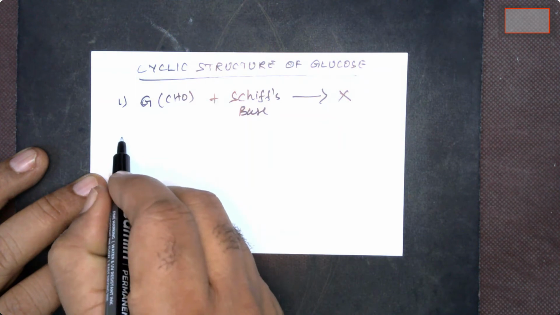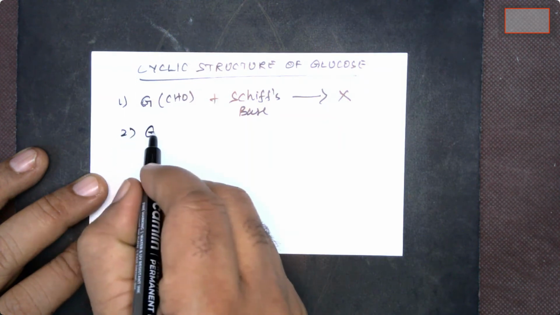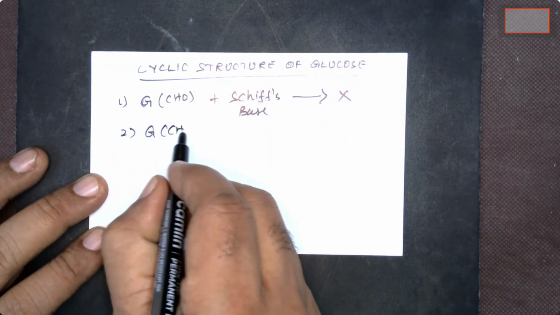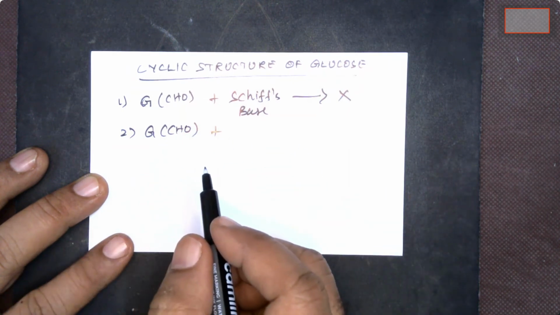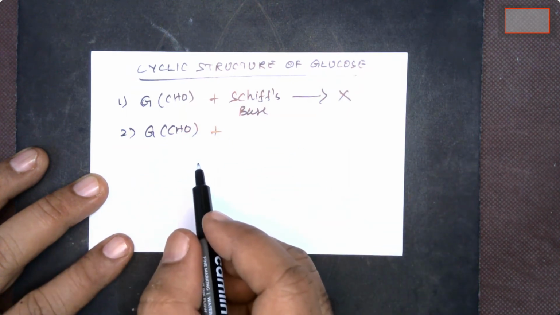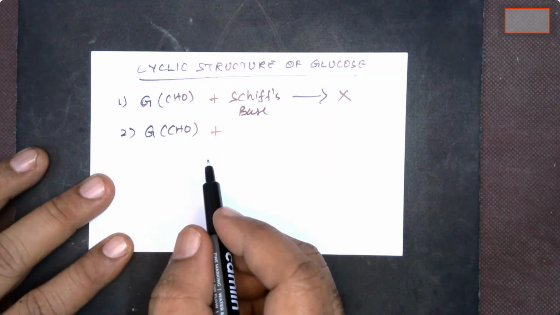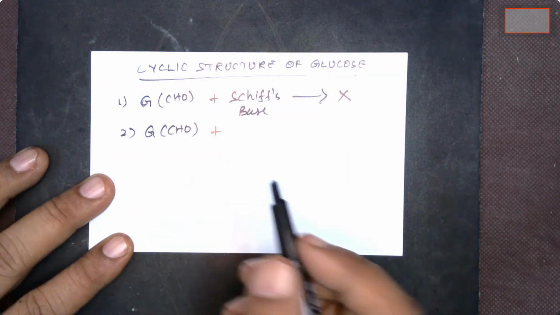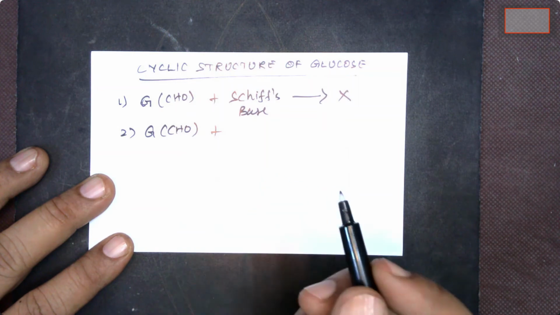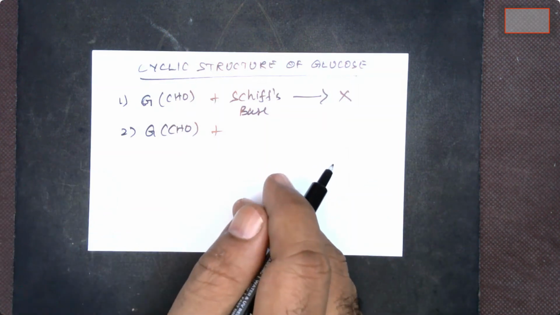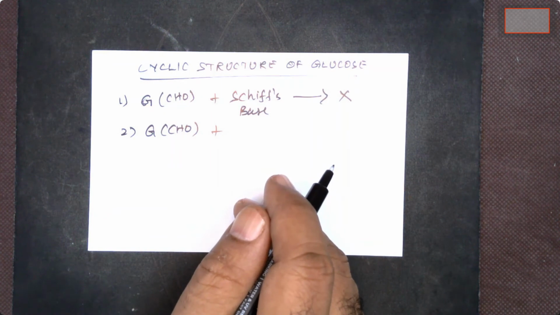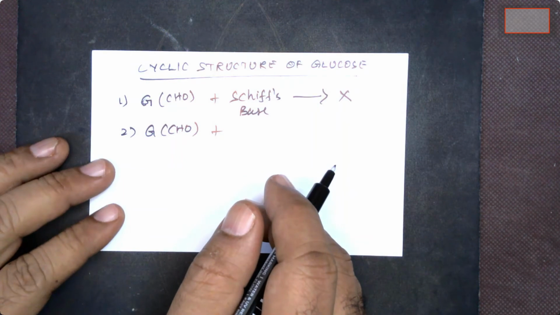Secondly, glucose, having the CHO, does not form the addition product. It does not form the hydrogen sulfite addition product.